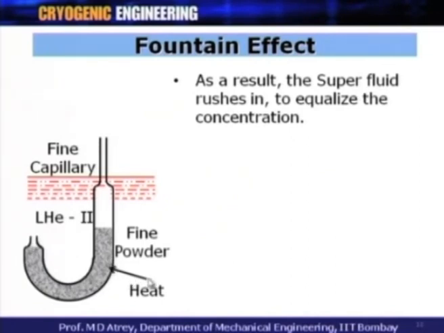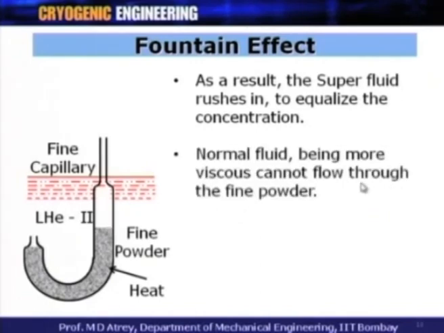So, slowly as you go on applying heat, the superfluid helium 2 will travel through and will occupy the place inside this, and over a period of time the normal fluid, being viscous, will not be able to pass through it, only helium 2 will pass through it. What you see is a kind of fountain effect.